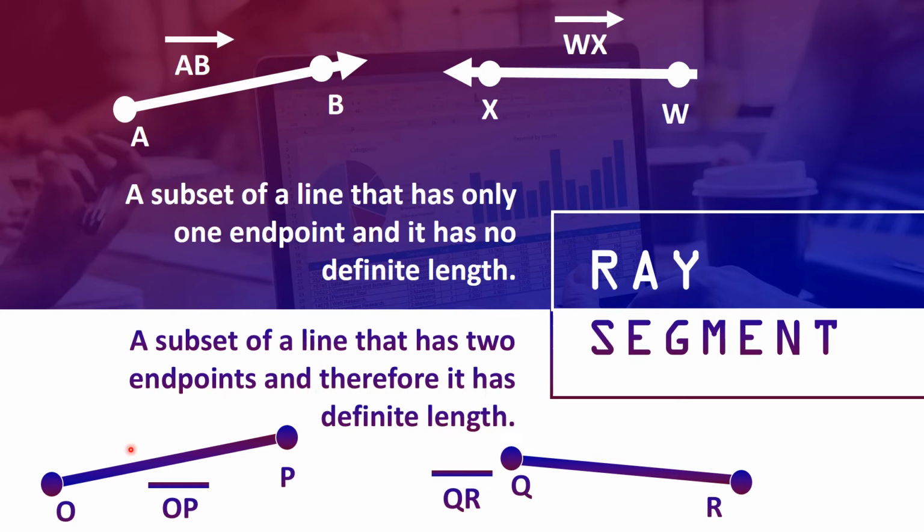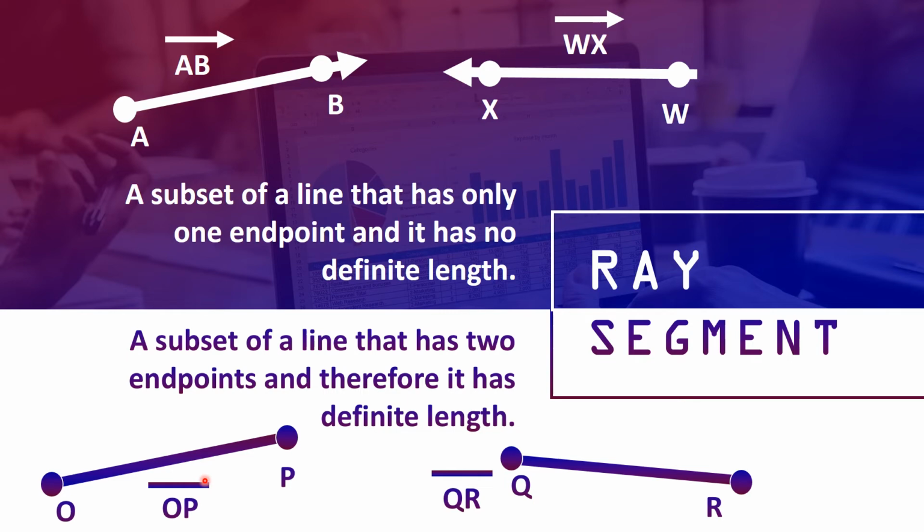For example, we have this line segment OP. How are we going to name it? We just get the endpoints of this line segment. We have O and P. Then there is a line or bar above OP. There is no arrowhead for a line segment. When there is no arrowhead, it means line segment.